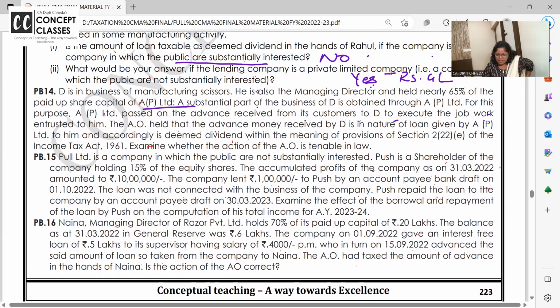AO held that advance money received by D is in the nature of a loan given and it is treated as deemed dividend. What is the answer? No. Advance money is not treated as deemed dividend.